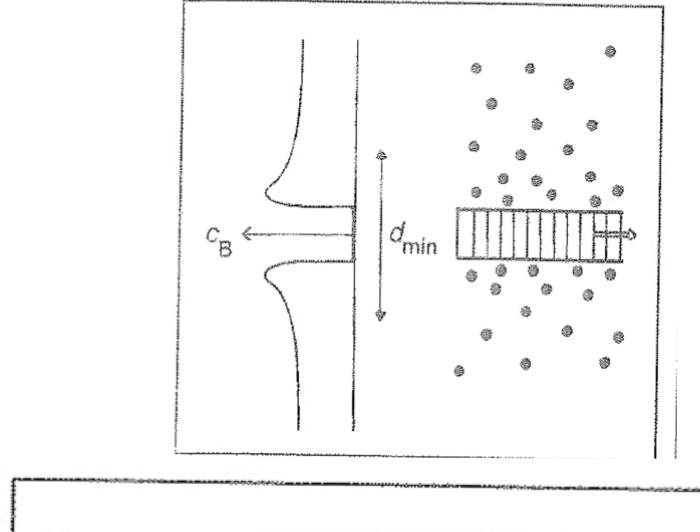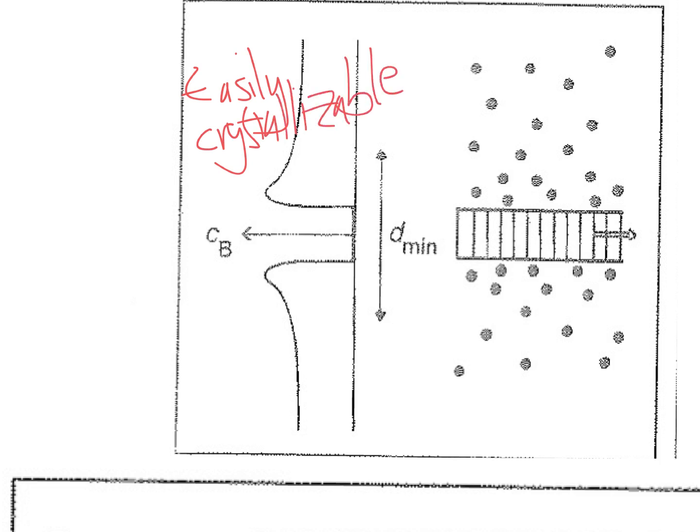So this shows us a few things here. This is this concept of easily crystallizable units. And so this is showing you the concentration of these at some arbitrary time.